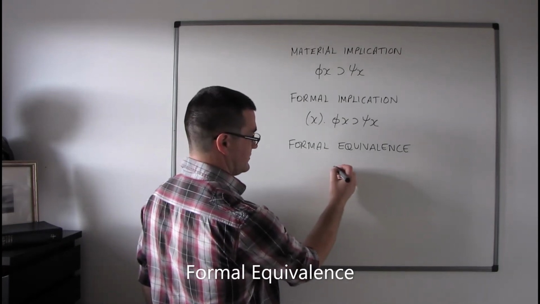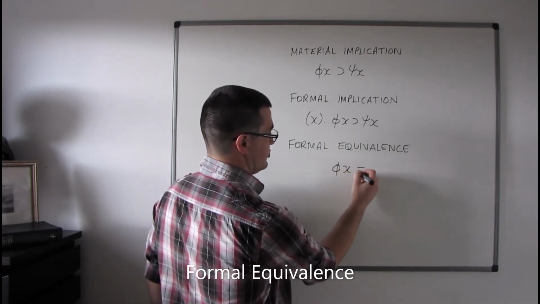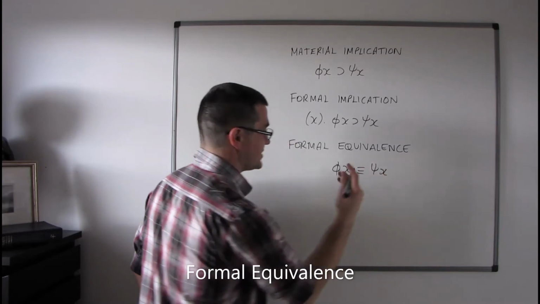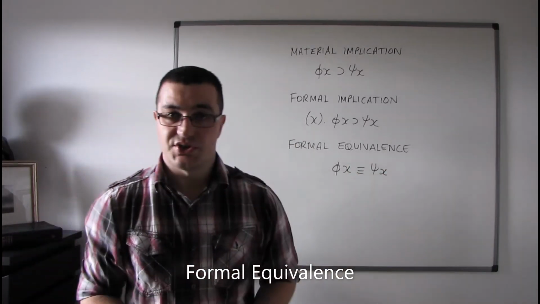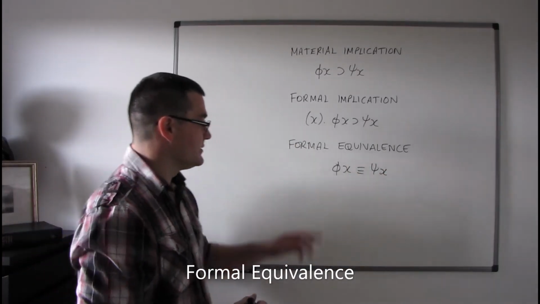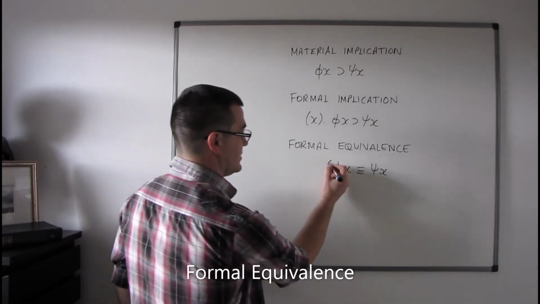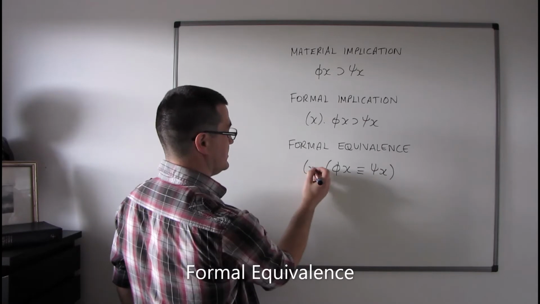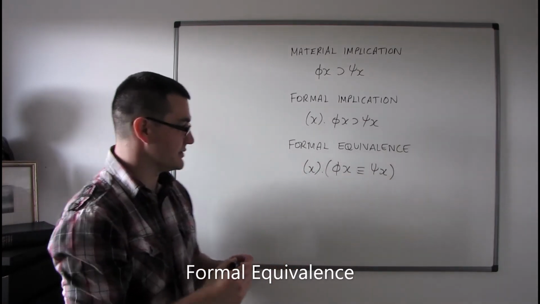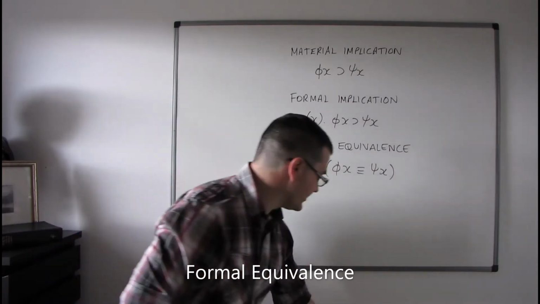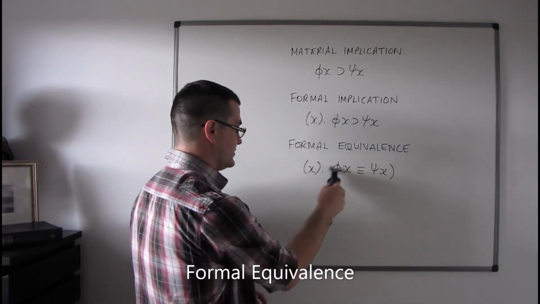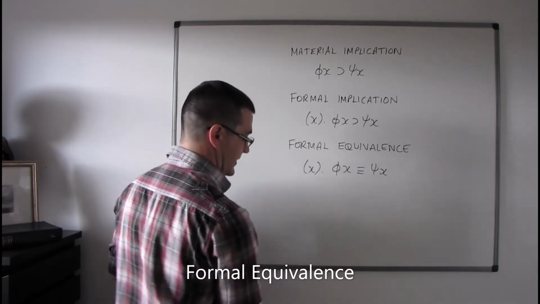So we've already come across equivalence of propositions in section 4. So now if we've got phi x is equivalent to psi x always, then this is formal equivalence. Actually, I don't need the brackets around it. I could just write that.